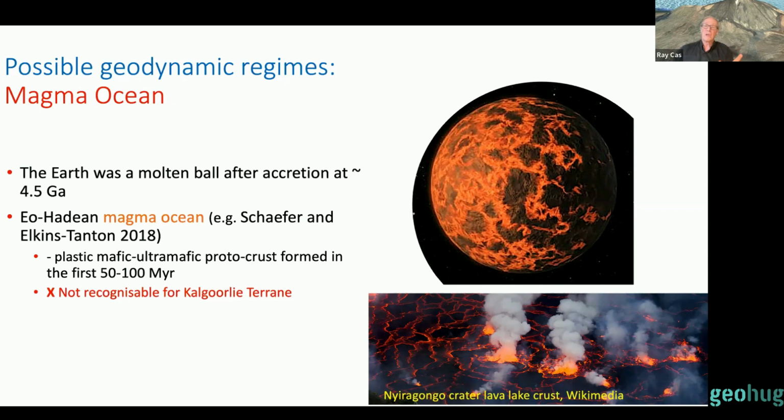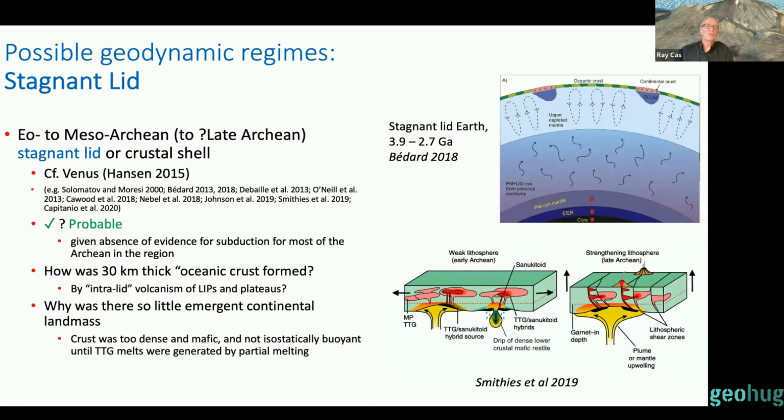Although there is certainly some hafnium isotope geochemistry that suggests that there were very old source rocks sourcing some of the younger igneous rocks in the Yilgarn Craton. So we can put a question mark against this hypothesis in terms of explaining the preserved geology. So we certainly see no evidence of the original magma ocean and the original crustal shell.